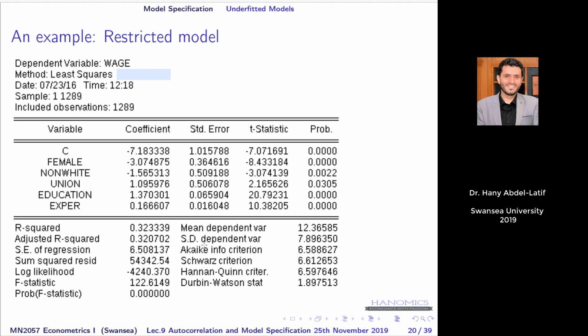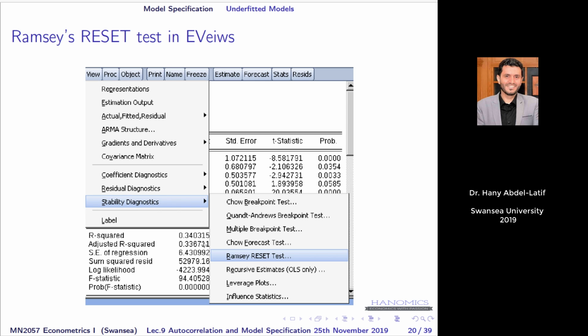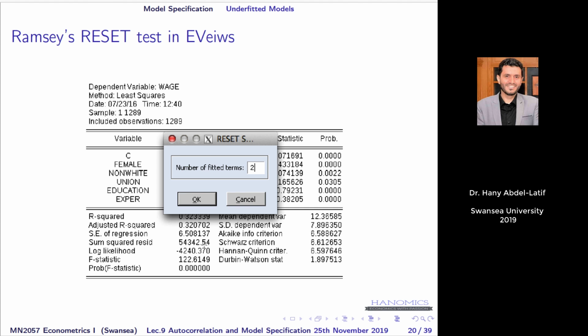Then we obtain the residual and the fitted values from this, and then we do the Ramsey test. In EViews, you can do it by going to View, Stability Diagnostics, Ramsey test, and then it asks you how many terms of the fitted values to include. So I just put 2.